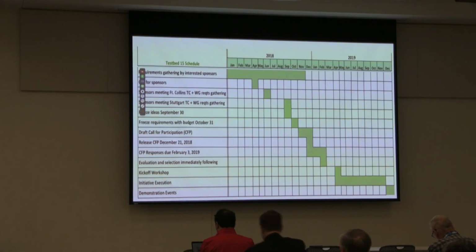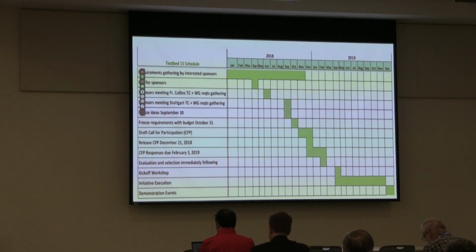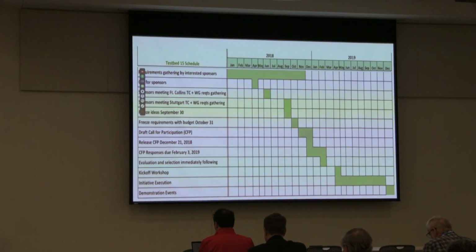This is the schedule of Testbed 15. Right now we are in the process of running the call for participation. We have identified sponsors; a last minute sponsor may be welcome, but I think it will be hard at this point. But we already have the sponsors and we already have those requirements that were listed, and more details will be published.